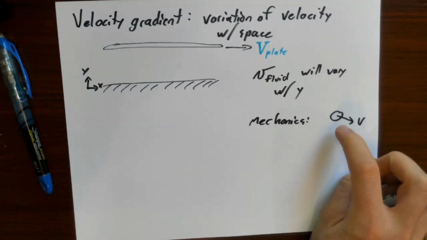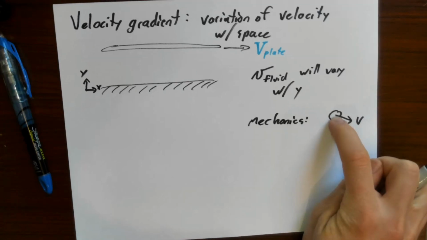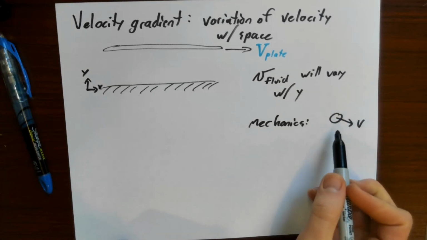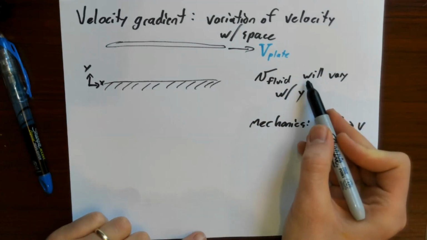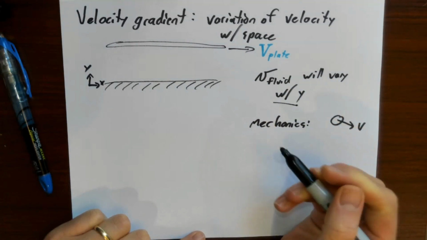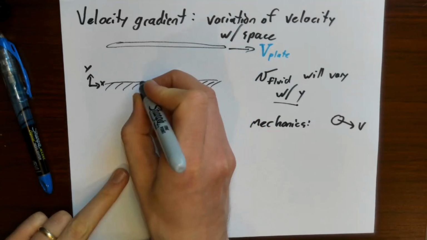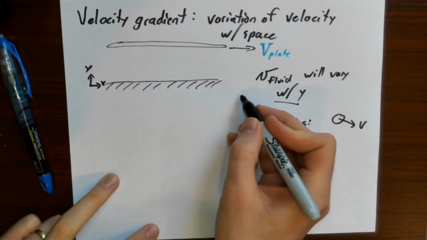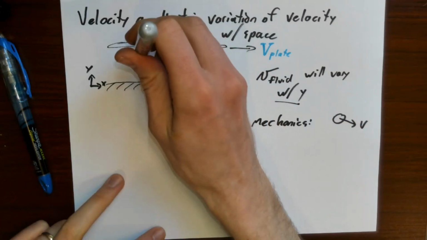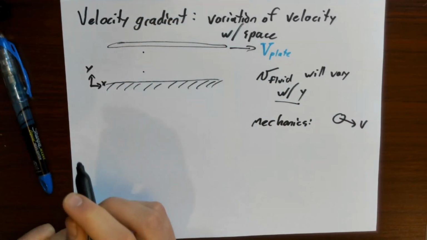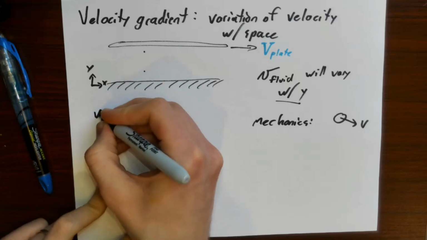It was a single number for a single object. We contrast this with fluid mechanics, and in fluid mechanics, because velocity will vary with y, we anticipate that velocity is a function. We need to describe velocity as a function of space, right? Molecules here have different velocities from molecules here.